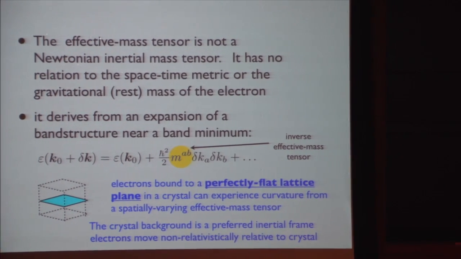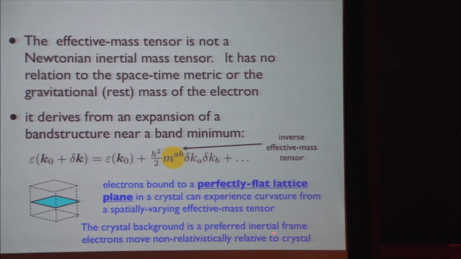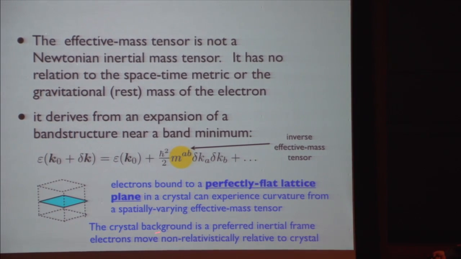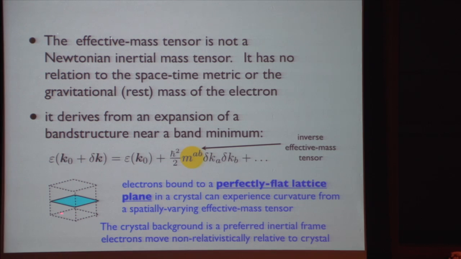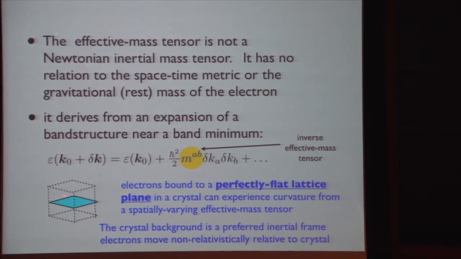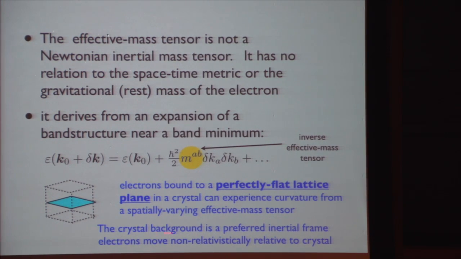background. And again, to the extent that we're neglecting the phonon degrees of freedom of the crystal and its strains, and for the moment just treating the crystal as perfect, then it's defining this inertial frame, and provided the electrons move non-relativistically with respect to that, the actual Euclidean spatial metric, which is used to set up a Cartesian coordinate system, has no role whatsoever to play in the physics.